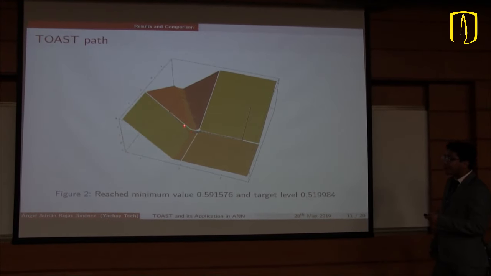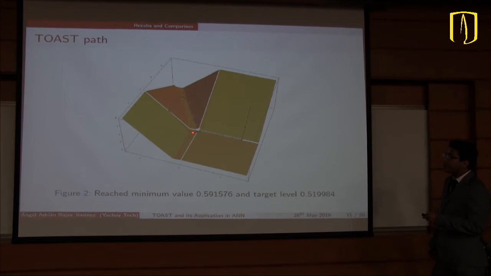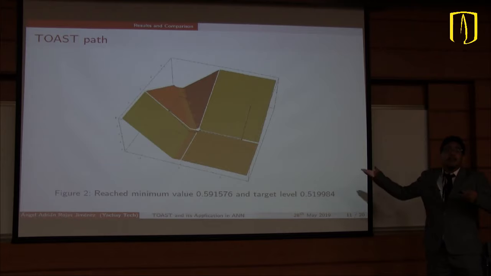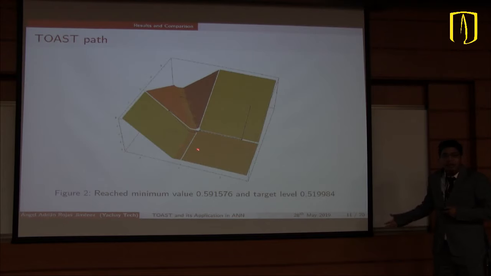But here is the global minimum, and we reach its neighborhood. So it's a strategy that has this difficulty in reaching the global minimum. But it's better than stochastic gradient or gradient descent, because if we start here, it will get stuck in this plateau, where there are local minimizers in the whole plateau. So it's actually an improvement.